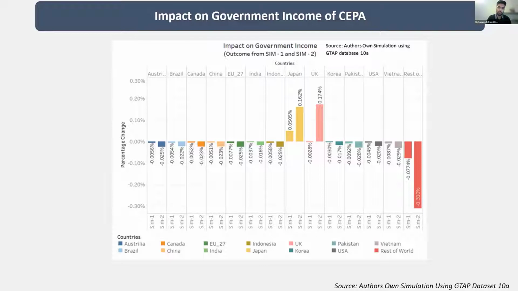At the same time, simulation 2 depicts the trade facilitation along with the free trade agreement. So the Japanese government income would increase by 0.162%, and the UK's would increase by 0.174%. So we can say that they would be at a benefit if they sign this agreement mutually, the second one.